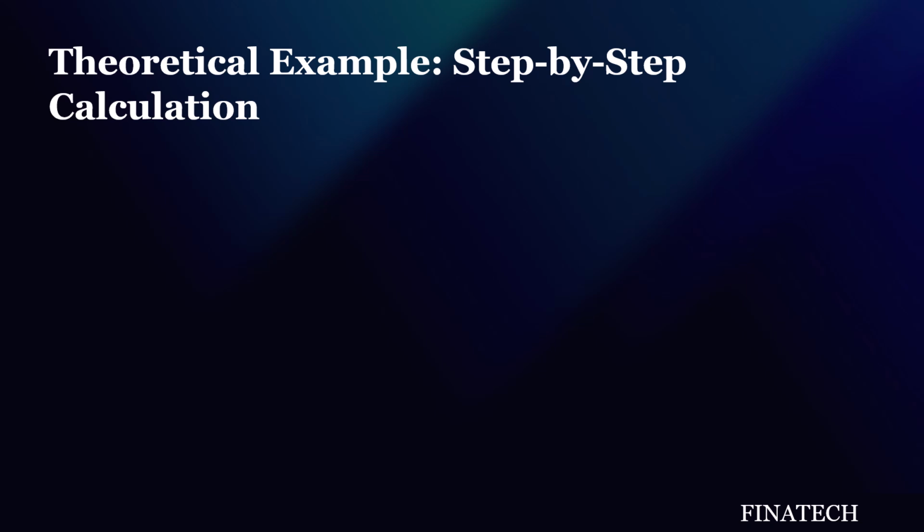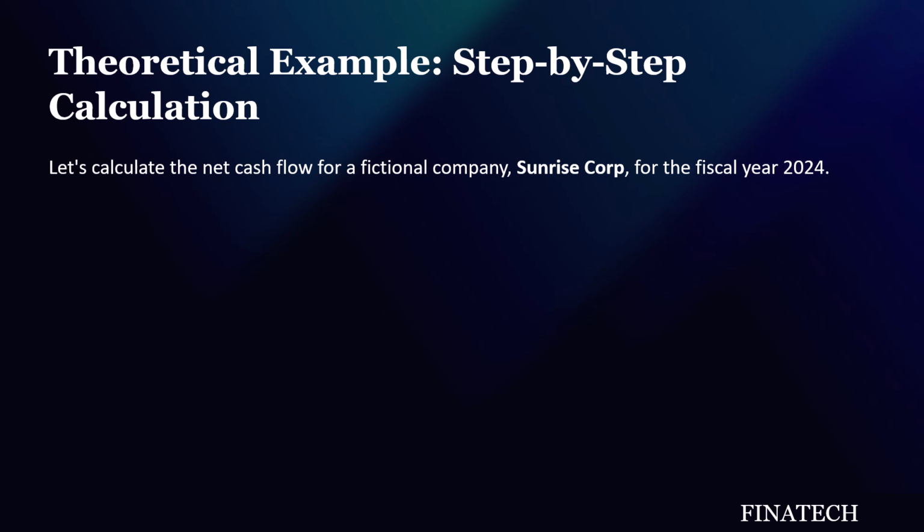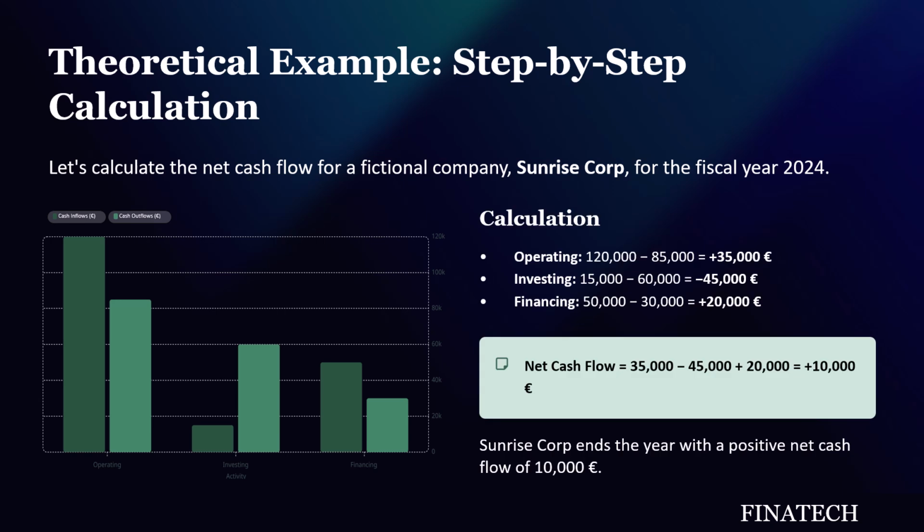Theoretical example: step-by-step calculation. Let's calculate the net cash flow for a fictional company, Sunrise Corp, for the fiscal year 2024. Calculation: operating, investment, financing.